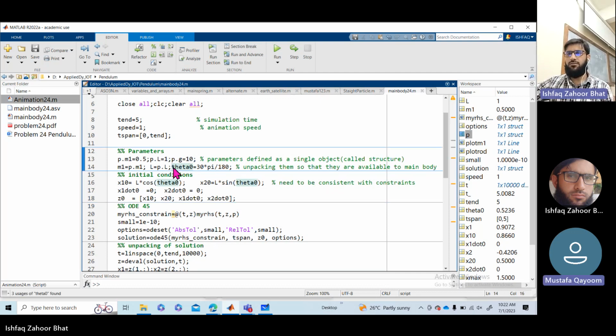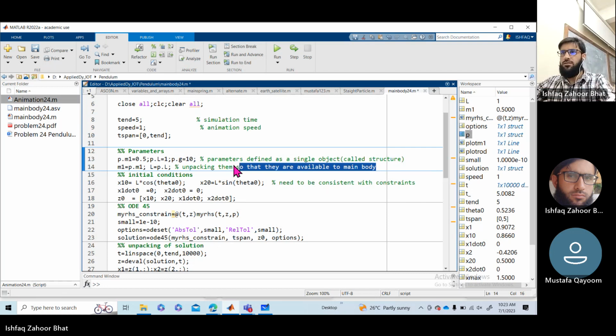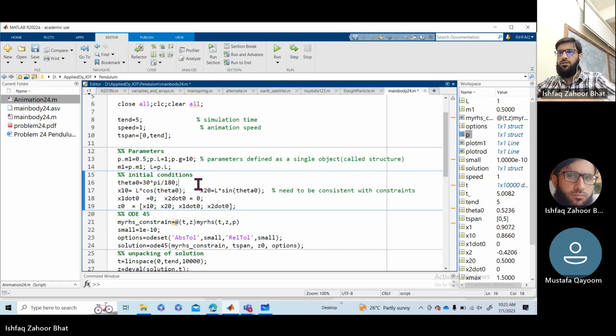Okay, so what is this theta zero? I am trying to write the angle in terms of radians. I am taking 30 degrees and writing it in terms of radians. I could have directly taken the value in radians, but in radians we don't have intuition.